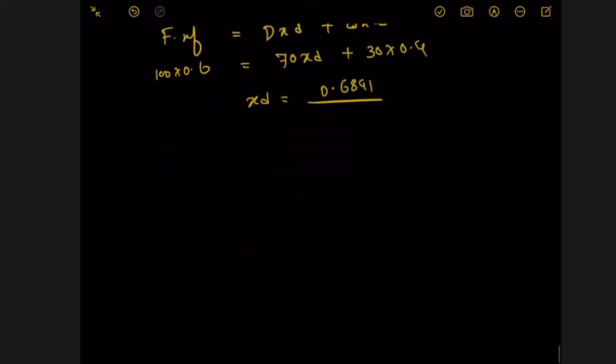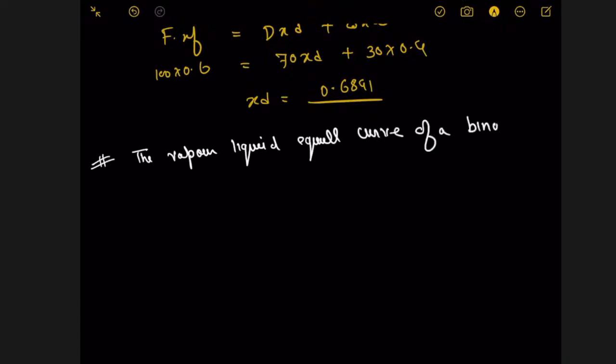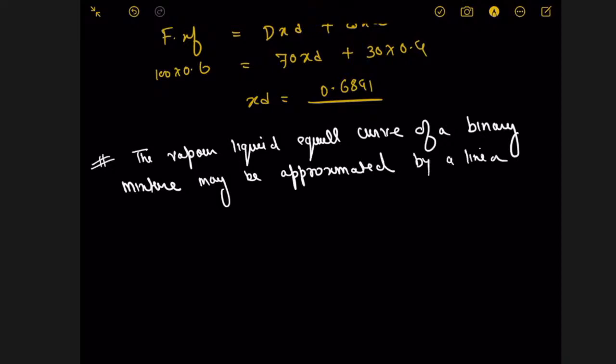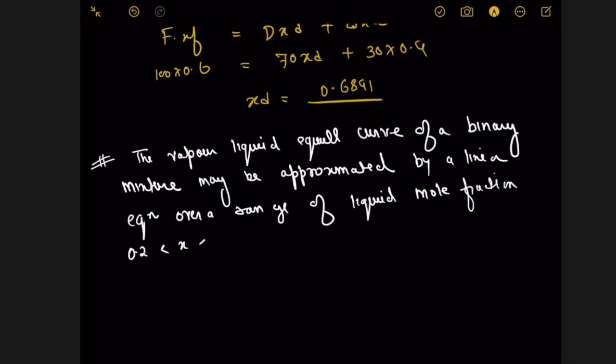One more question. The vapor liquid equilibrium curve of a binary mixture may be approximated by a linear equation over a range of liquid mole fraction 0.2 to 0.3.